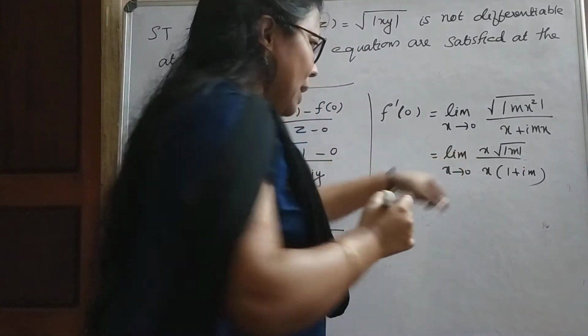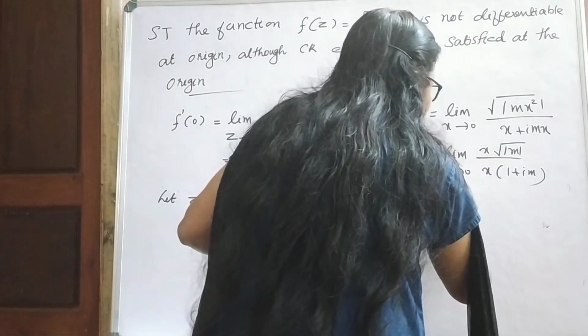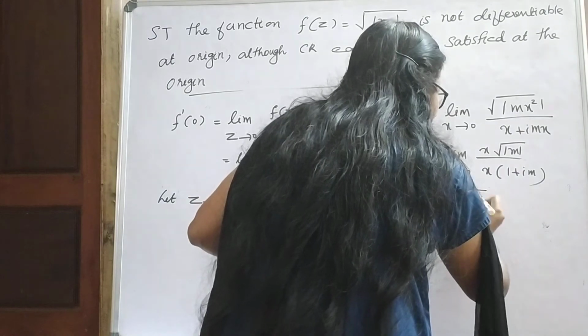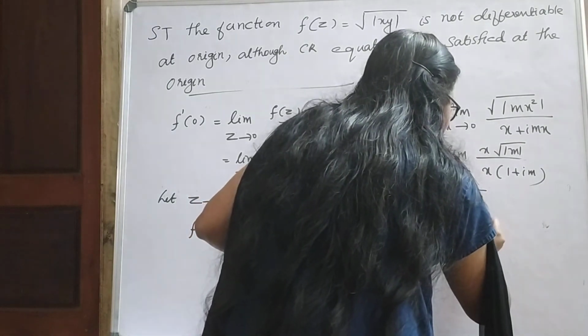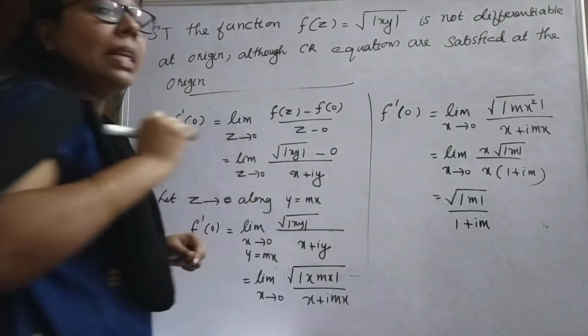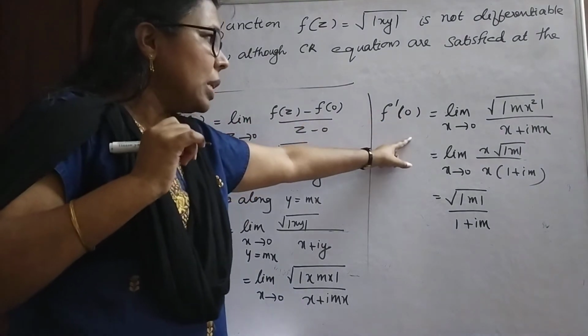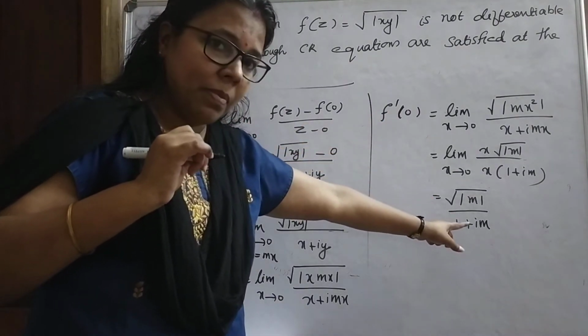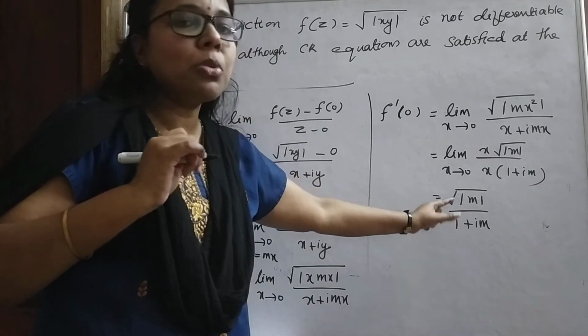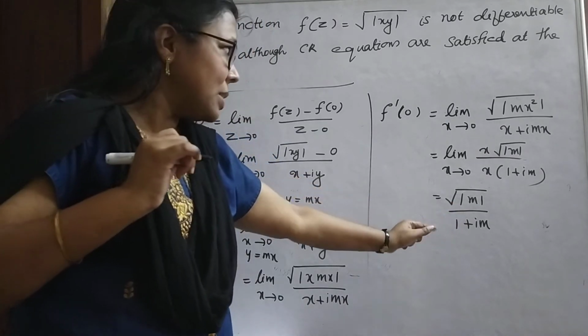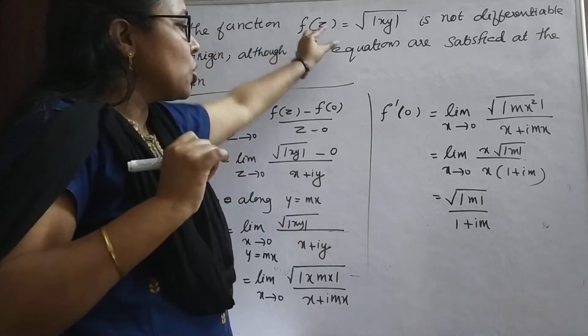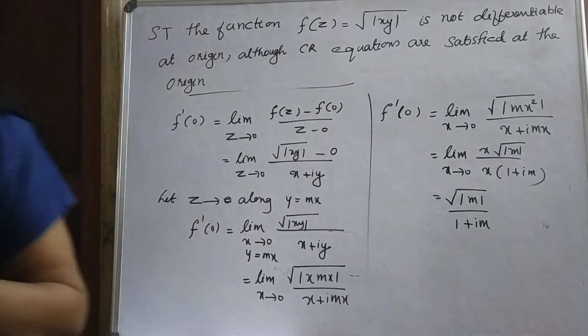This x will get cancelled. Then we get the answer as root mod m by 1 plus im. That is, the derivative at 0 depends upon the value of m, which is different for different values of m, which means that f of z is not differentiable. Okay.